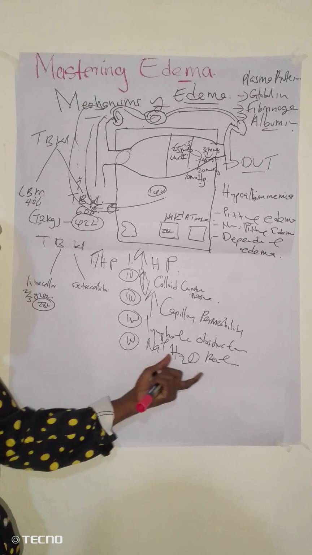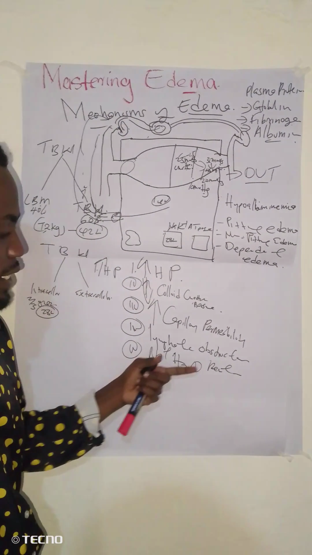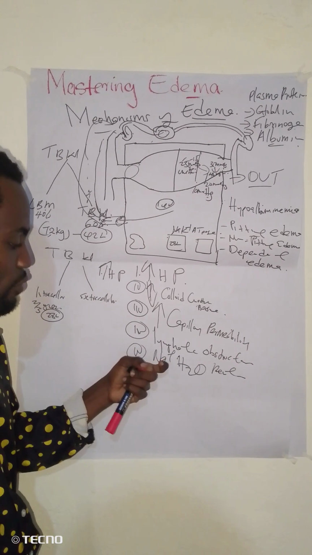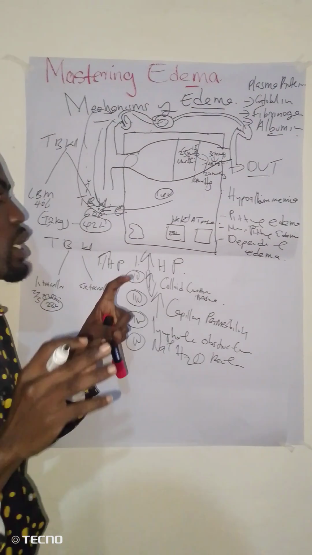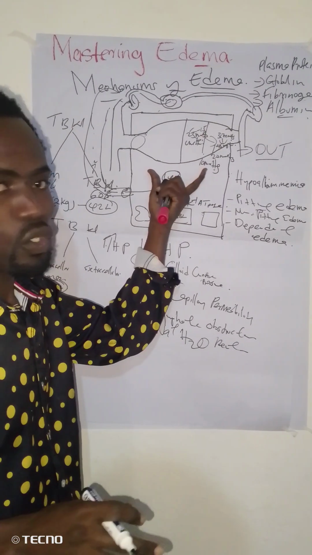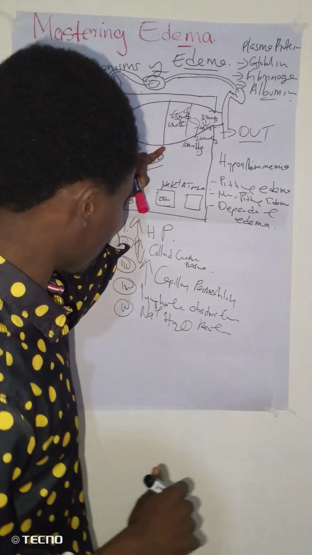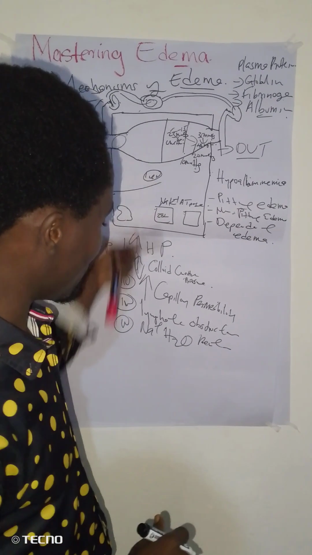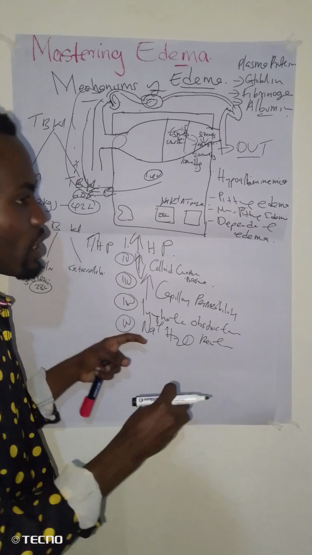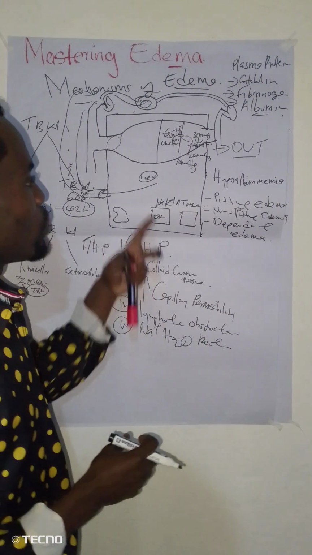When there is sodium and water retention in the body, there will be excess accumulation of fluid in the interstitium, because we've said sodium is majorly in the interstitial space. It is not intracellular. So when there is sodium retention, it will trap a lot of water and cause edema in the interstitial space.